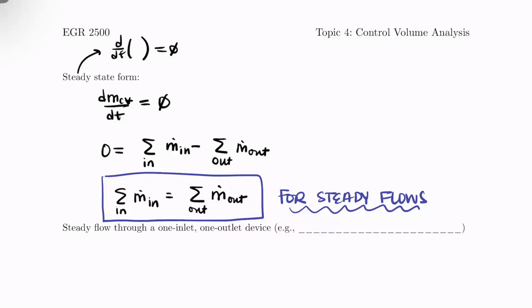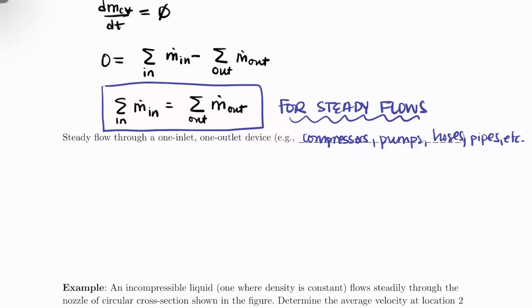Okay. If we have steady flow through a one inlet, one outlet device, so these types of devices are things like compressors, pumps, hoses, pipes, etc., then what we end up with is the following.